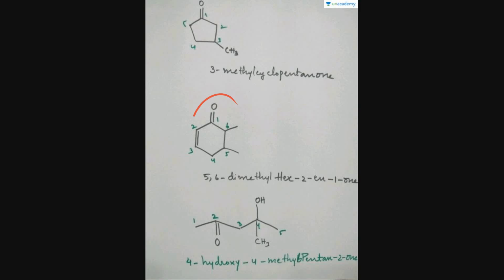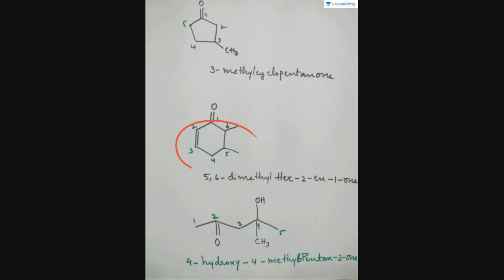Here we have a ketone and a double bond. According to the preferences, ketones have higher preference than the double bond. So we have to number in such a way that the ketone gets the lower value. If we number this way, the double bond is on the 2nd carbon. If we number the other way, the double bond gets the higher value. So this becomes 5,6-dimethyl.